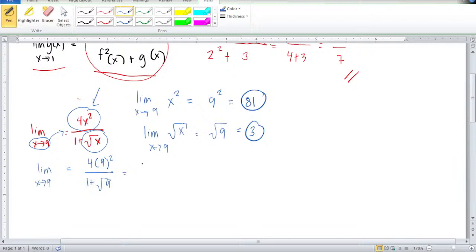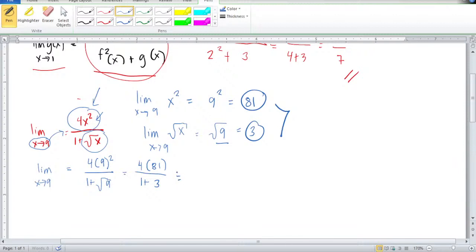So, if you can see, they are just the same class because 4 times the limit of x squared is 81, and 1 plus the limit of square root of 9 is 3. As you can see, they are just the same. So any of these methods, you can first evaluate the limit before applying the operation, or you can directly substitute the value of x.